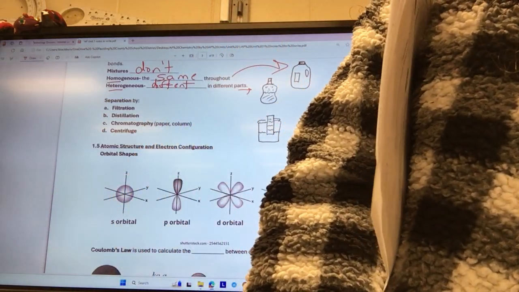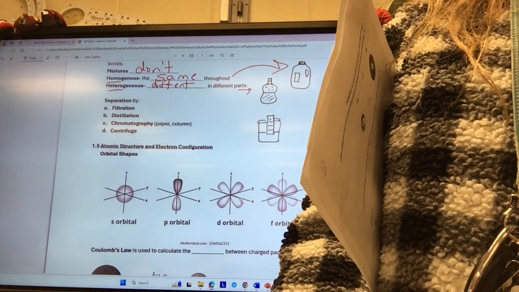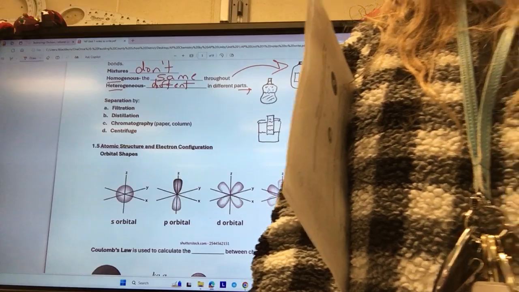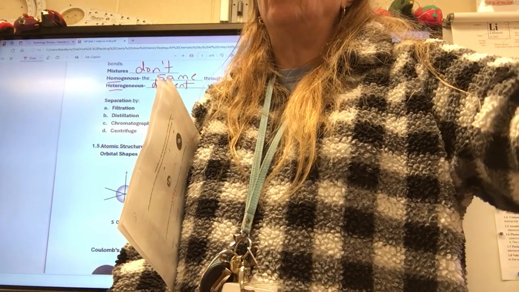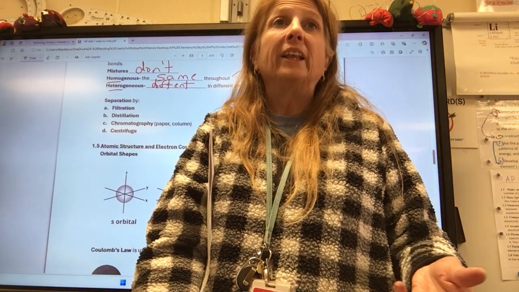What you do is you use the sink and you get the sink going. And remember how we learned Bernoulli's principle that a fluid moving fast has a low pressure, not a high one? So you get that water going, you put a hose on it, and it causes a vacuum, and you can suck that liquid through that filter paper really fast.